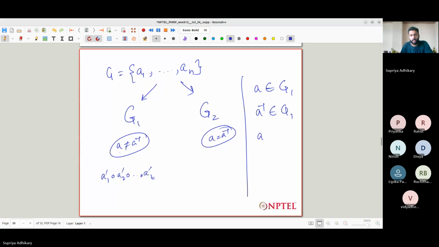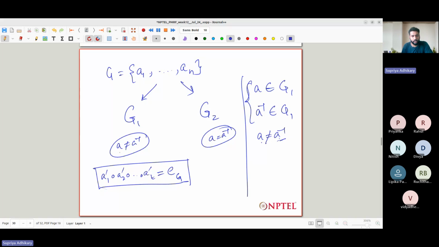Because A is not equal to A inverse, and the inverse of A inverse is nothing but A, so the inverse of A inverse is not equal to A inverse either, and therefore A inverse also belongs to G1. Therefore, if we compose all the elements in G1, that gives us the identity element E of G. Now what about G2?